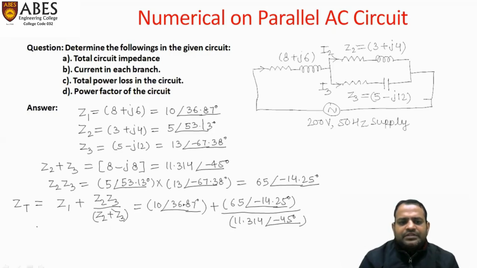So this is Z1 plus Z2 Z3 upon Z2 plus Z3.